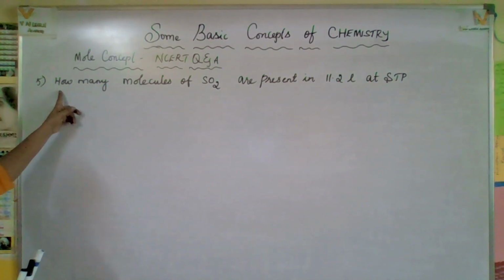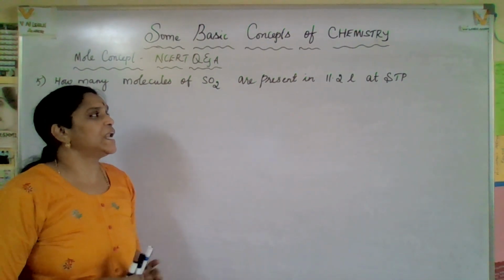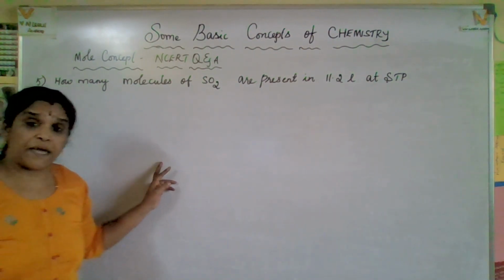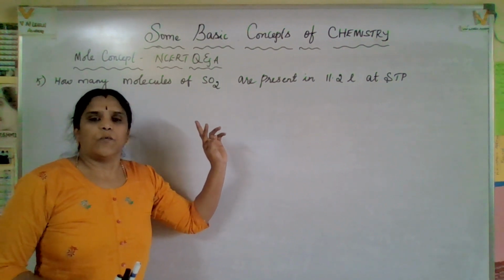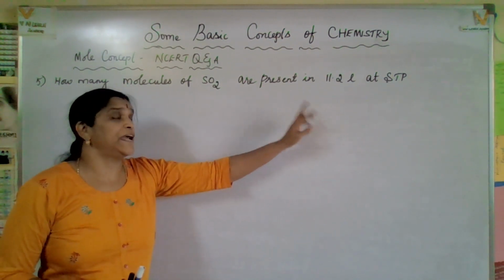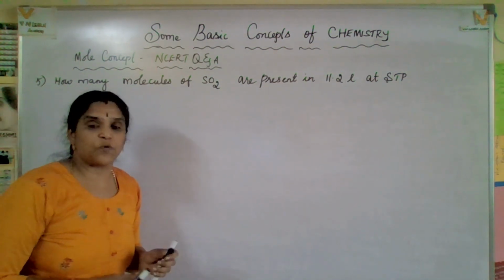Next question. How many molecules of SO2 are present in 11.2 liter at STP? As we mentioned, 1 mole of any gas at STP has volume 22.4 liter. Here they mention SO2.